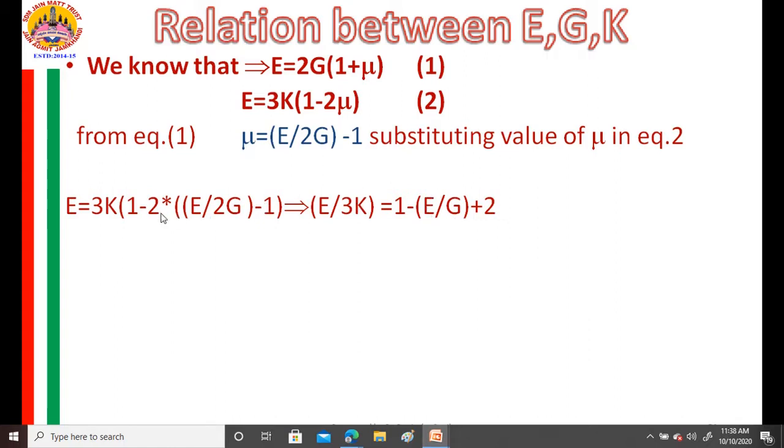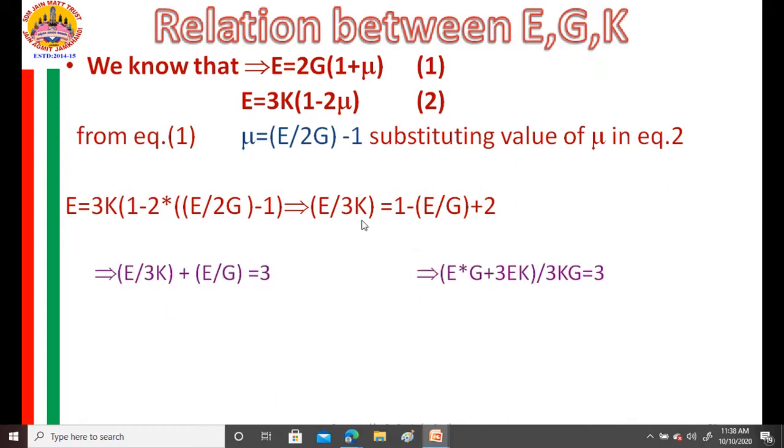Now you take this minus 2 inside. This minus 2 and minus 1: minus 2 into minus 1 equals plus 2. So E by 3K is equal to 1 minus E by G plus 2. This 1 plus 2 will become equal to 3. That I am putting there.